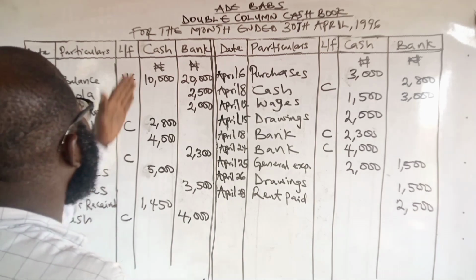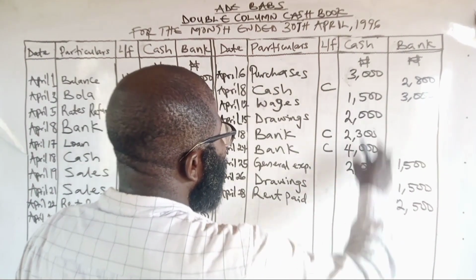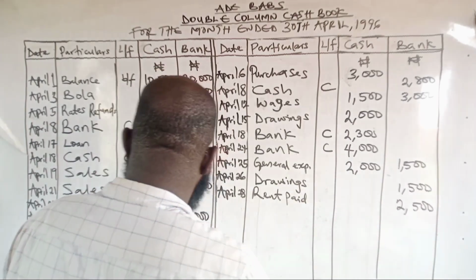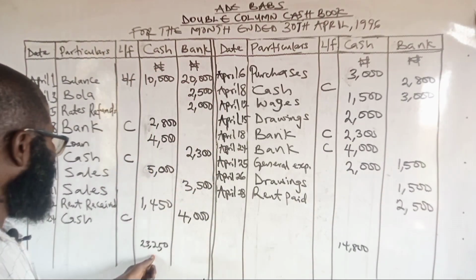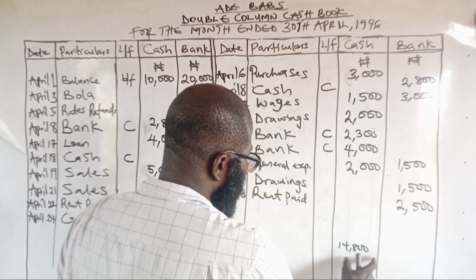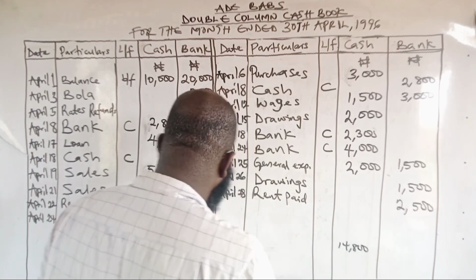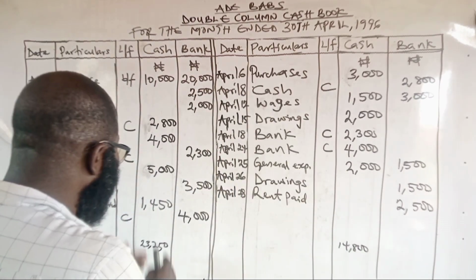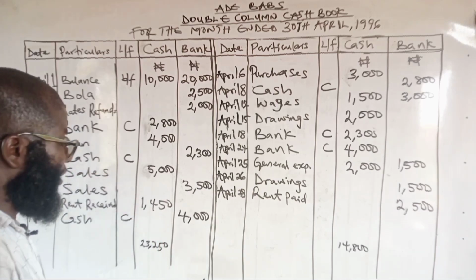Therefore, I will come to the cash column of the debit side first, then I will move to the cash column of the credit side. After calculating the cash column of the debit side, I have 23,250. Likewise, that of the cash column on the credit side, I have 14,800, meaning that this side is bigger, meaning that we still have cash at hand in the business.